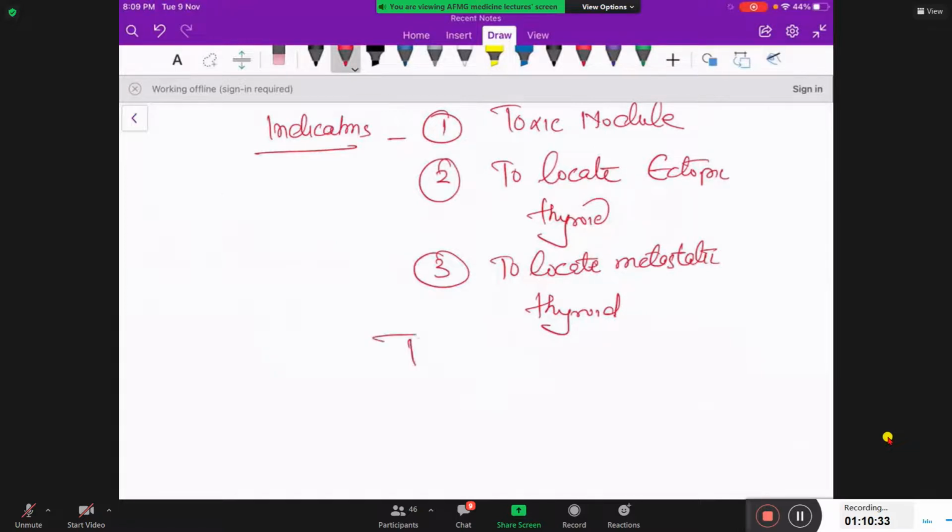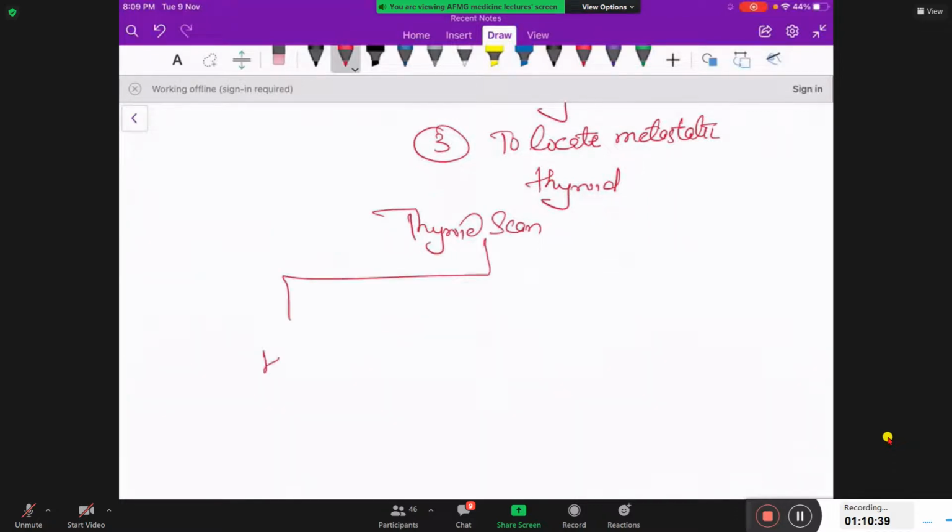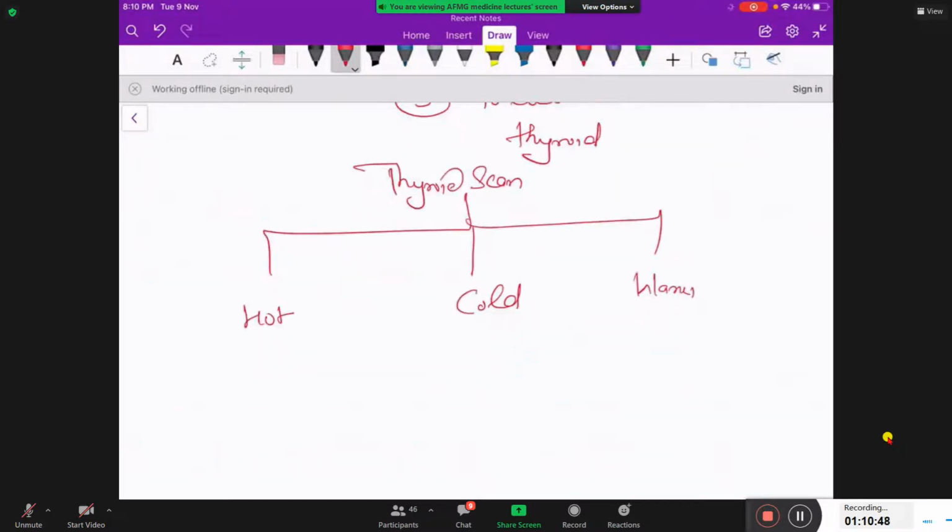On the basis of thyroid scan, we get a hot nodule or a cold nodule or a warm nodule.